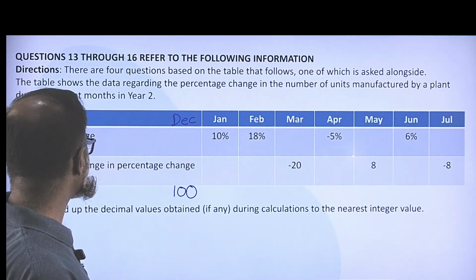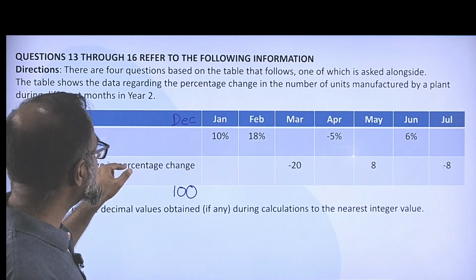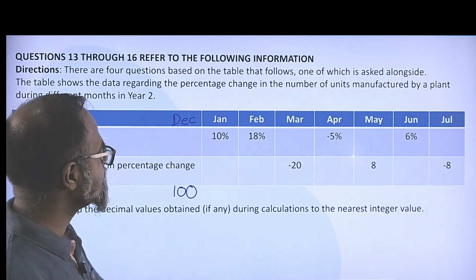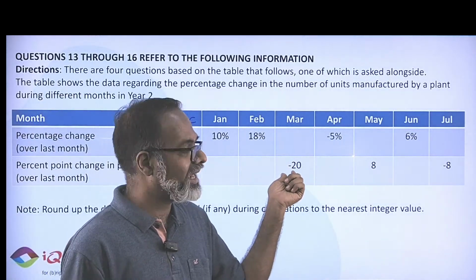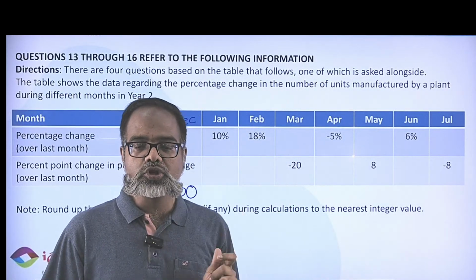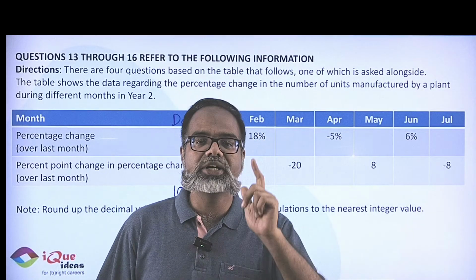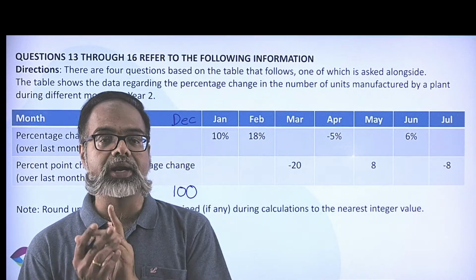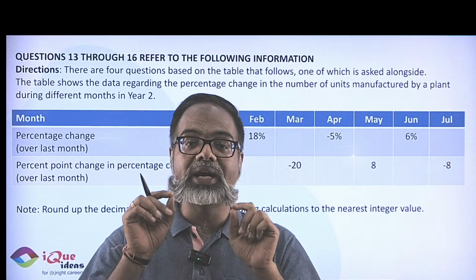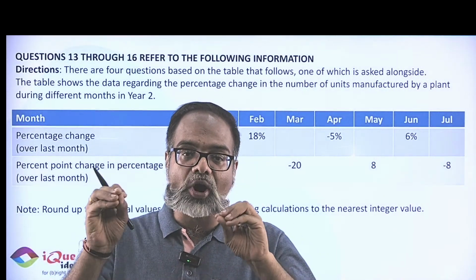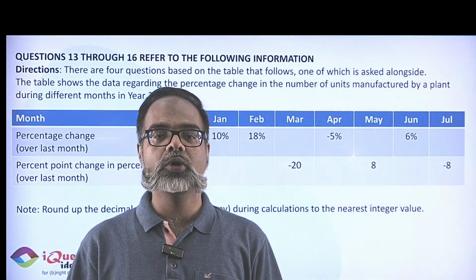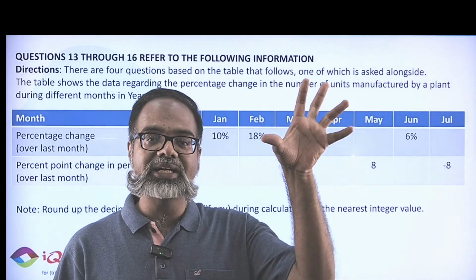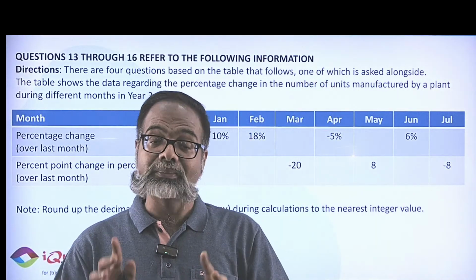It says these are percent point change in percentage change over the last month. So when I say -20, this is not 20% decrease. No, understand. So a percentage point is just numerical value. So this is previous percentage -20, not a percentage, -20.